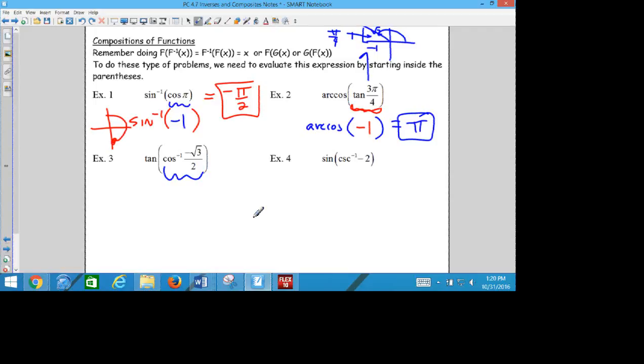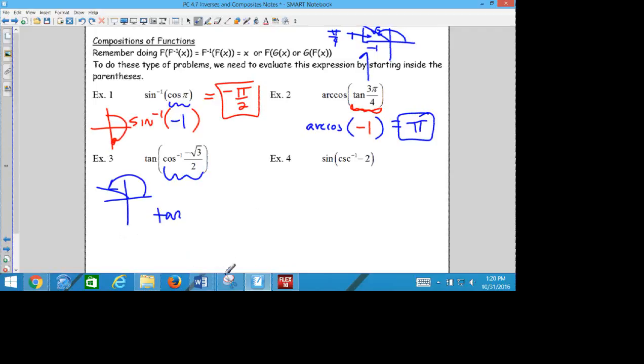Where is it? It's a 30. Okay, so if it's a 30, then what radian? 5 pi over 6. If it's 30 degrees right here, then we're looking at 5 pi over 6.